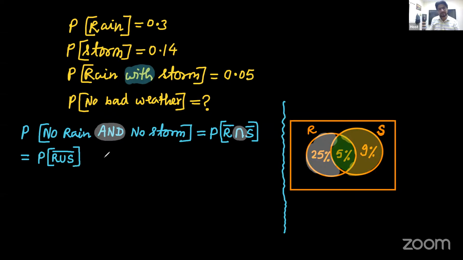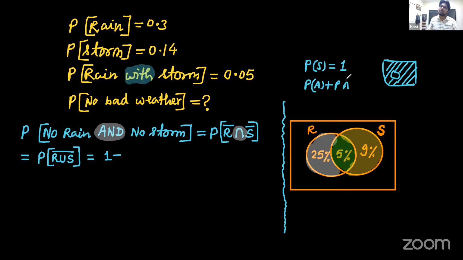(R union S) complement can be written as 1 minus, where total is 100%. The total sample space is always 100%. So any event plus the complement of that event becomes 1.